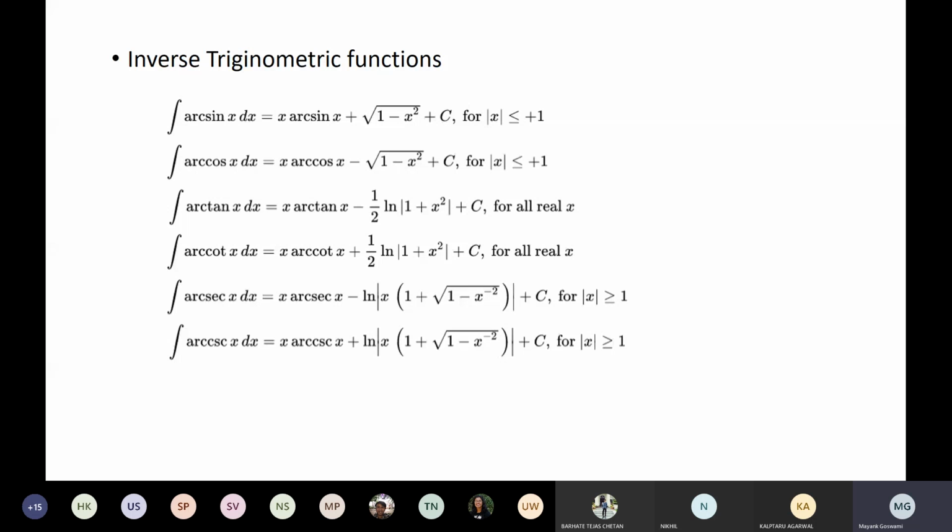Now in inverse trigonometric functions, we have arc sin x dx, arc cos x dx, arc tan, arc cot, arc sec, arc cosec. These integrals will be a prerequisite for this course, so you all revise them.